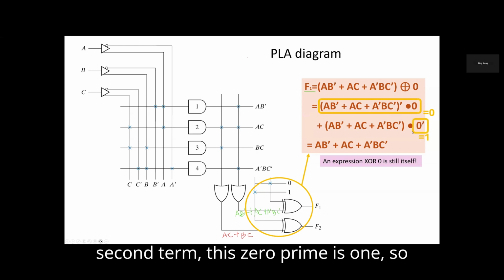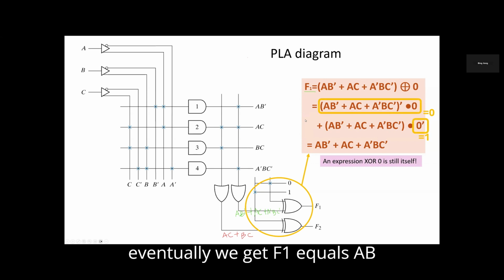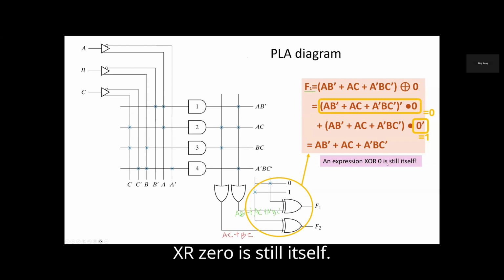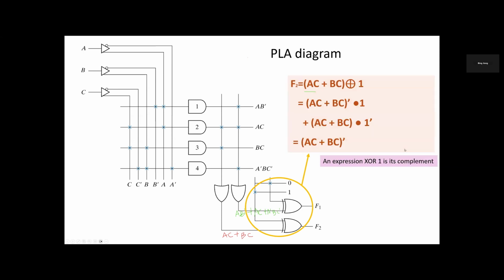And the second term, 0 prime is 1. So eventually we get F1 equals AB prime or AC or A prime BC prime. So here we can know that an expression XOR 0 is still itself. It didn't change the value on the other side of the XOR gate.